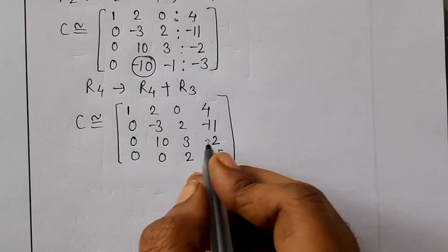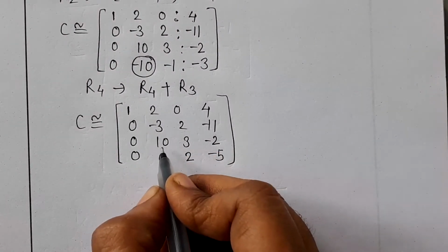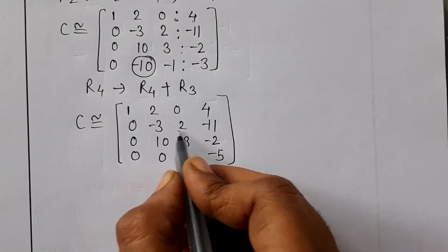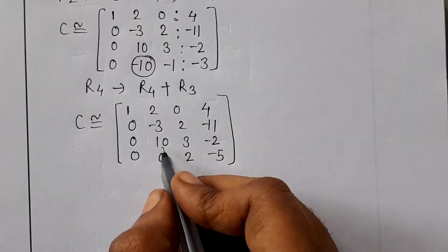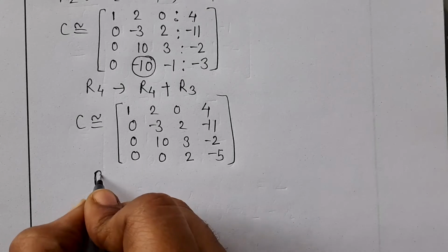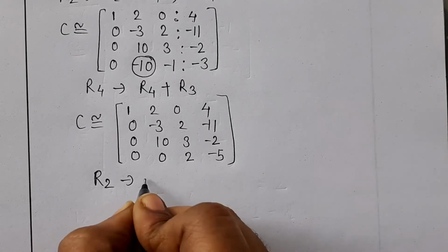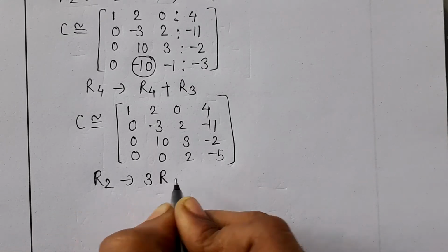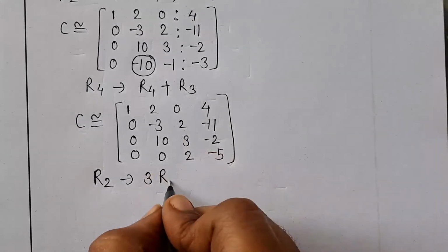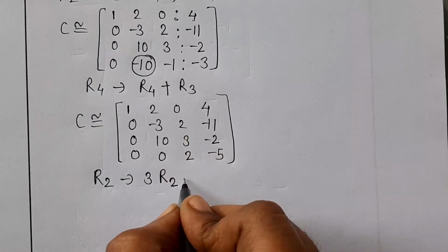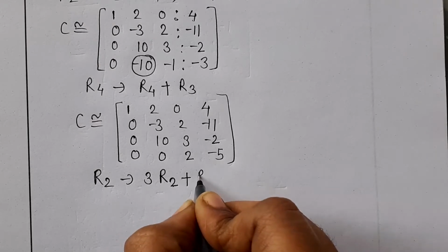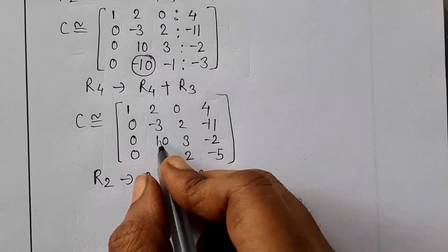Okay, next we want this 10 into 0. To convert this 10 into 0, first we multiply the second row by 3 and then we add it to the third row. So R3 changes to 3 multiplied by R2, that is 3 into 3, 9, minus 9 plus 10, it becomes 1.